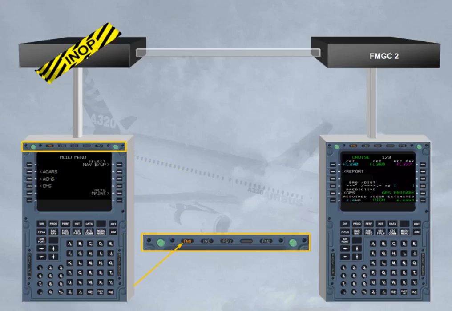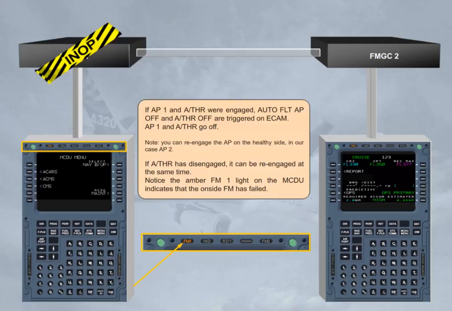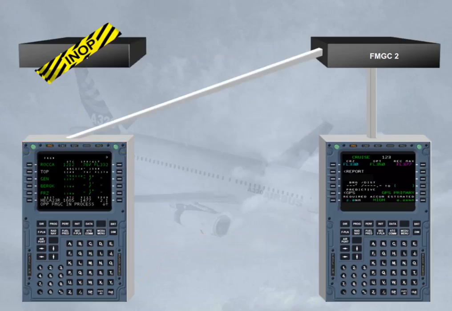Notice the amber FM1 light on the MCDU indicates that the on-side FM has failed. MCDU1 is now a copy of the other MCDU with the scratchpad message OPP FMGC in process. This mode of operation is called single mode.